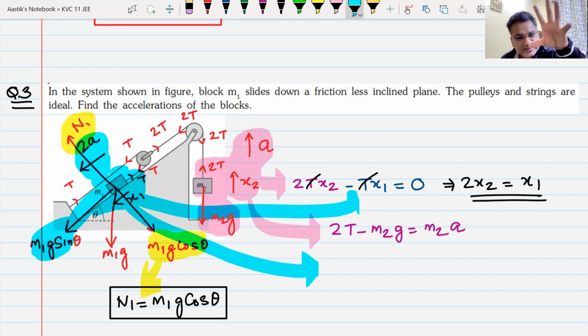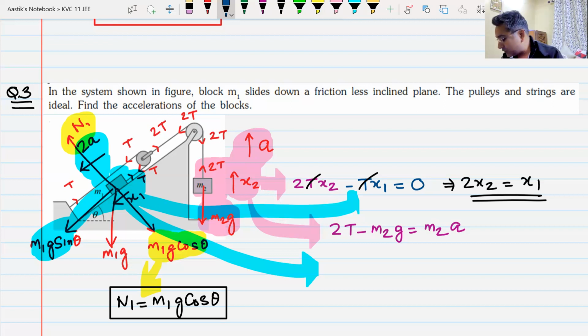Look at the blue things. And that is why I draw all these graphs and arrows. Yes. Sorry. m1g sin theta minus T is equal to 2m1a.